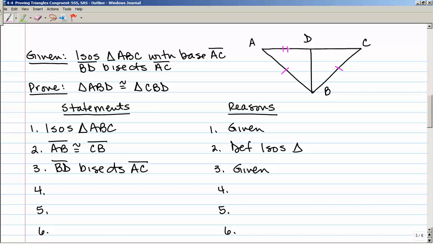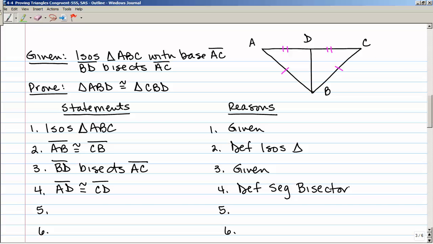So AD is congruent to CD. So segment AD is congruent to segment CD, and that's by the definition of a segment bisector. A segment bisector cuts a segment into two congruent pieces.